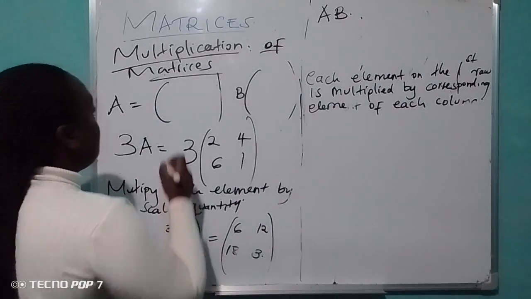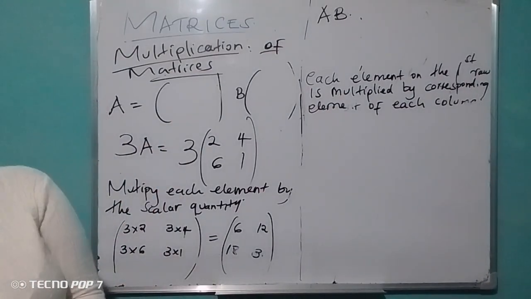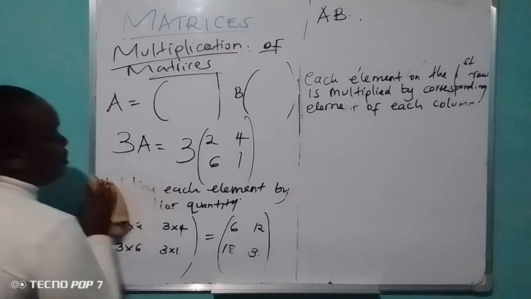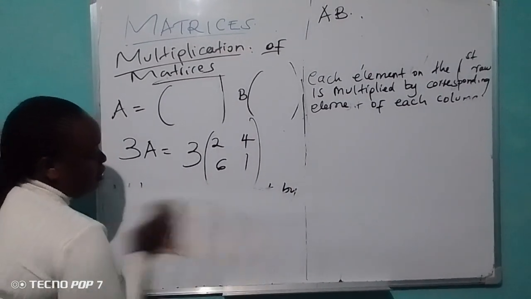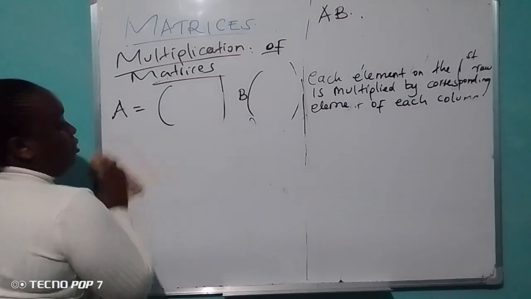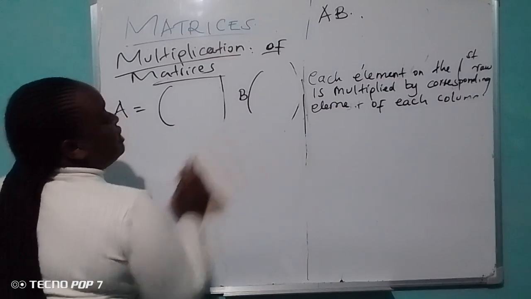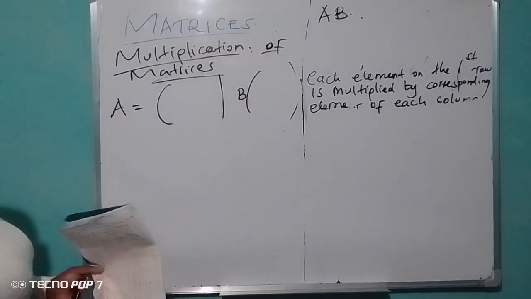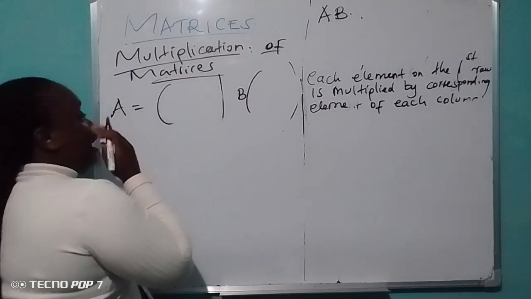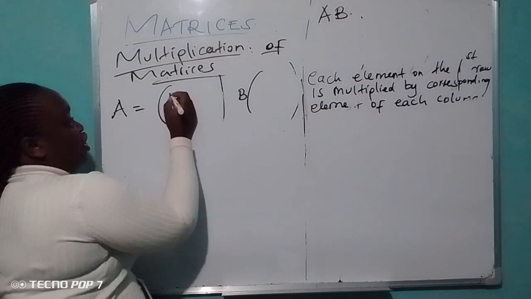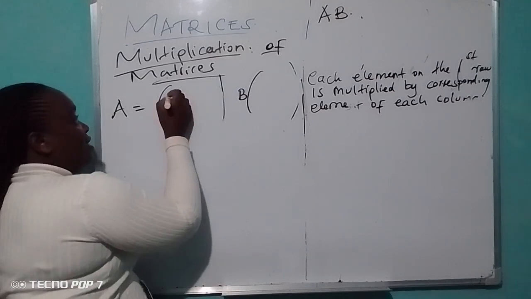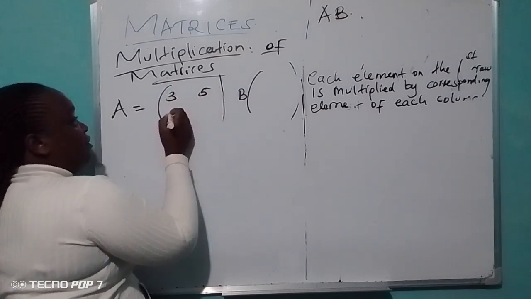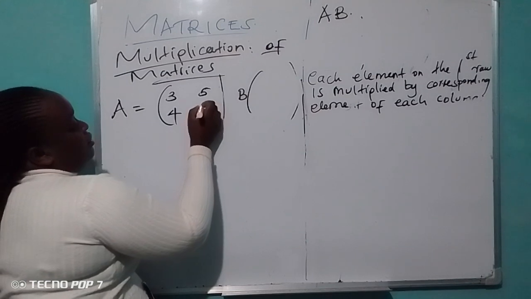So let us do this example. Matrix A we can change like inakuwa 3, 5, 4, 2.